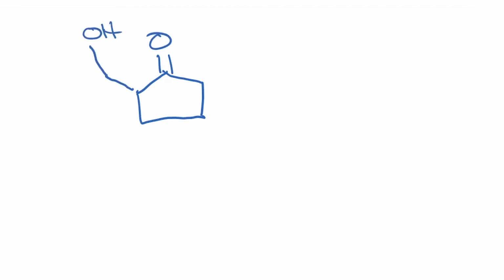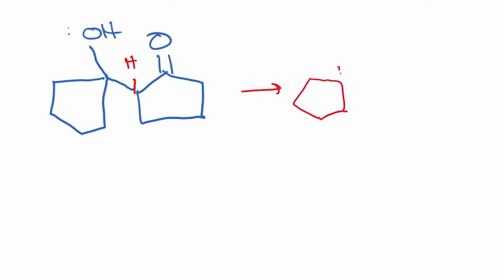So you have OH, and then you have another 5-membered ring. What can happen is that this is definitely an enolizable hydrogen, and this oxygen can also be protonated. So now let us first do the protonation of the oxygen and see what might result out of this.